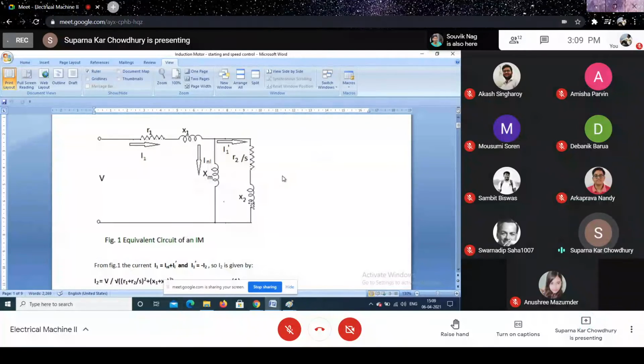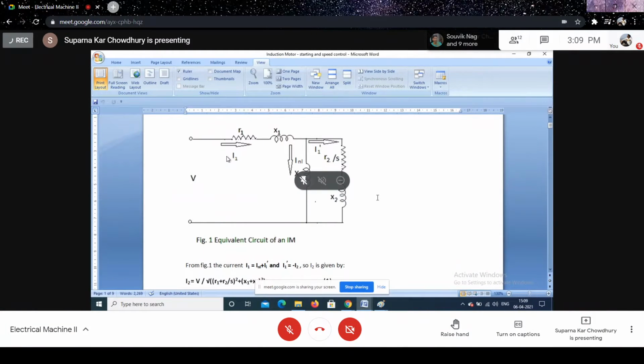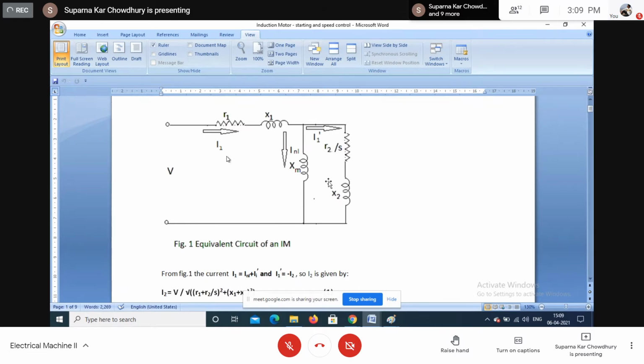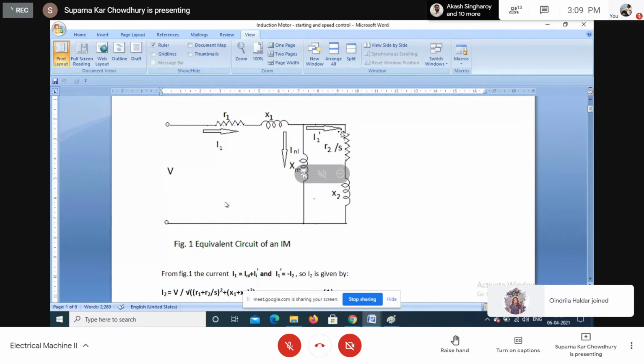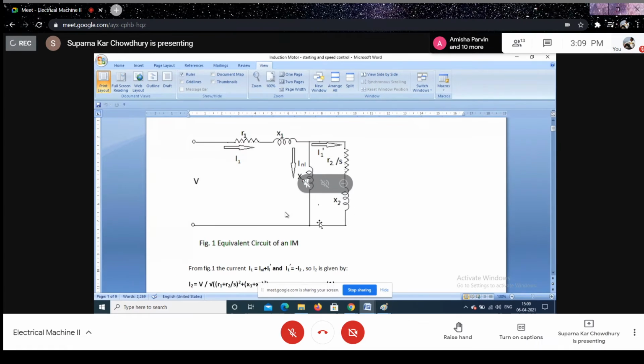The magnetizing reactance, and this is the rotor circuit. Now from this figure, the current I1 drawn by the motor will be the current flowing in the shunt branch, or the no load current, plus the current flowing in the short circuited rotor circuit.